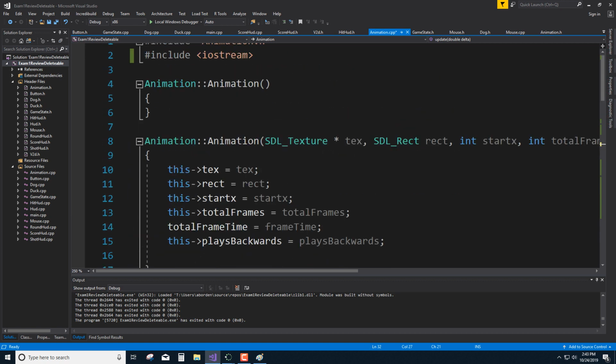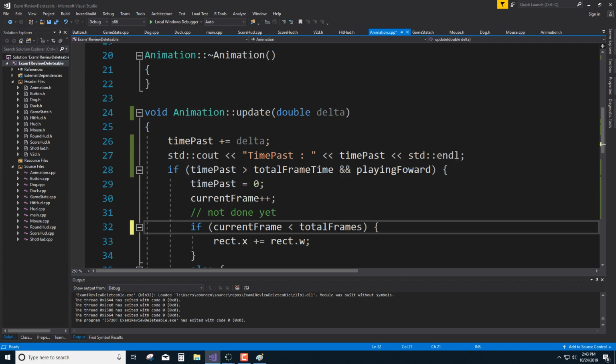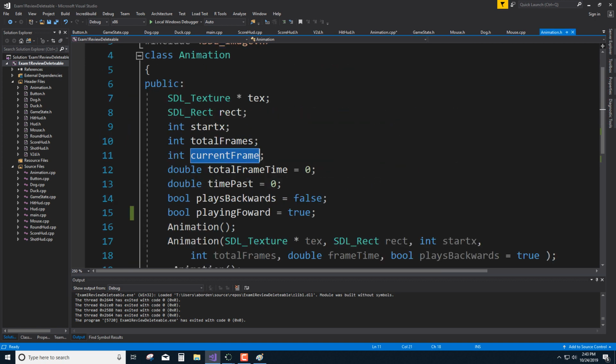Do we start current frame at 1 or at 0? Let's try 1. Or did we start it at all? Current frame equals 1.